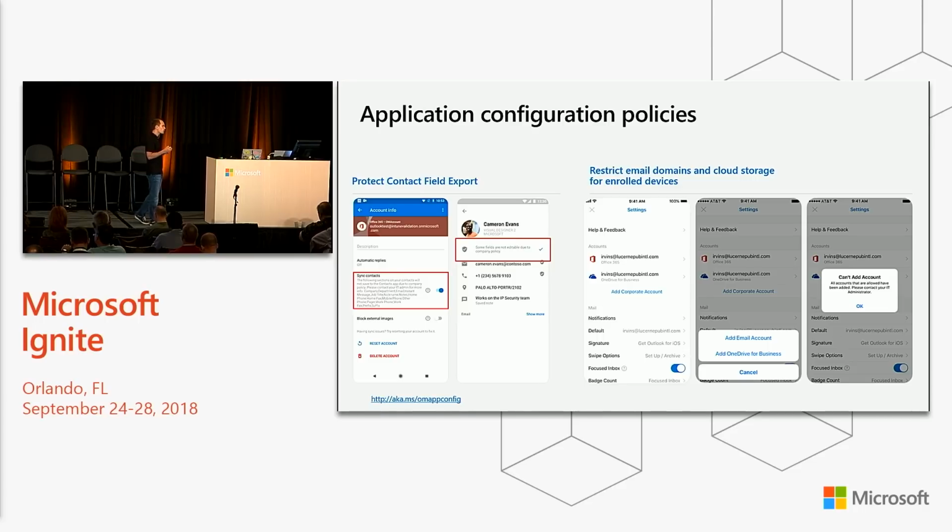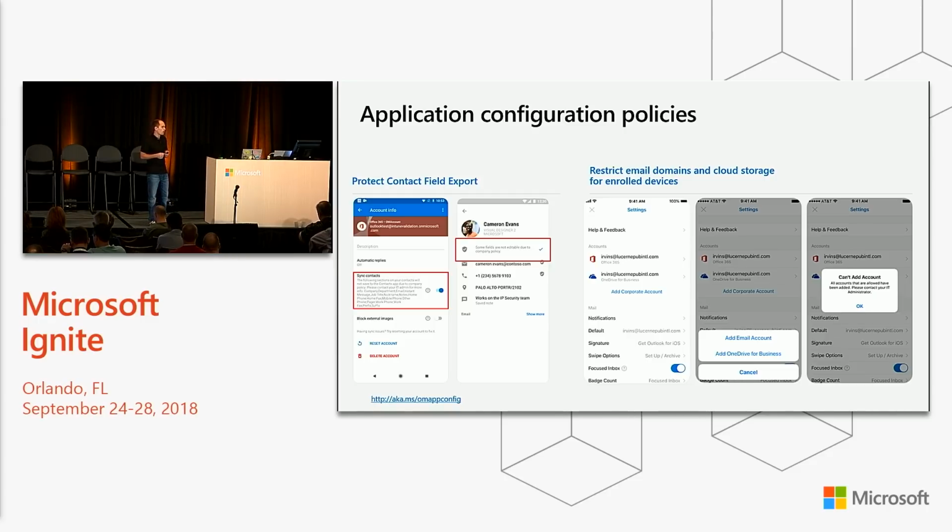And so to control that and give flexibility to you as IT to ensure what data can and cannot be put into the unprotected space, we built an app configuration policy capability to allow you to define which fields of a contact will be exported. You could be like one of our customers where they've locked it down to only first name, last name, and phone number being exported.